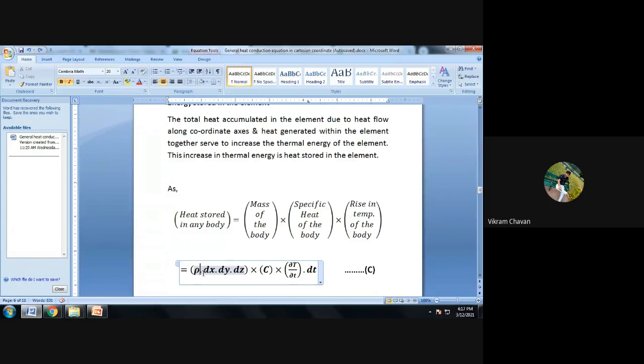Density is rho and volume is dx multiplied by dy multiplied by dz, multiplied by specific heat C, and the incremental rise in temperature, del T divided by del small t, multiplied by the total time period, which gives the total rise in temperature of the body during that time period.